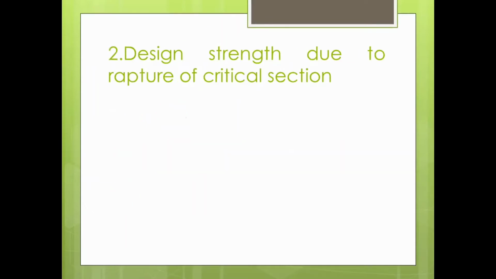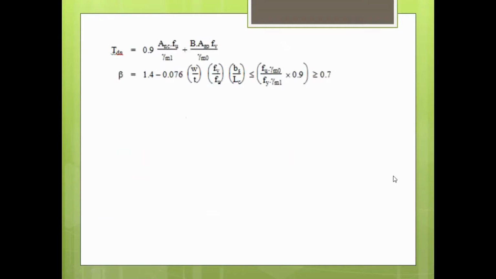Second is the design strength due to rupture of critical section. This is a relatively lengthy procedure. Here we need to find quite a few parameters. Let us see what they are. So TDN, you need to remember this equation, given by the IS code.